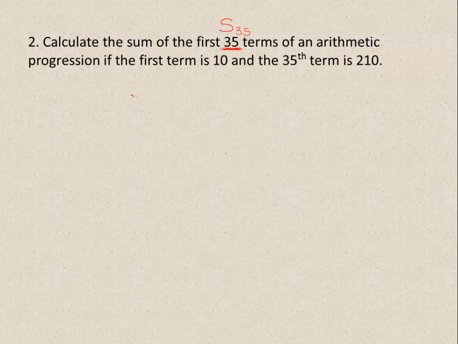Thank you very much. The first term is 10, which means A is equal to 10. Now they confuse me a bit, because they tell me that the 35th term is 210. So I know that the 35th term is equal to 210. That's basically the information I have in this example.